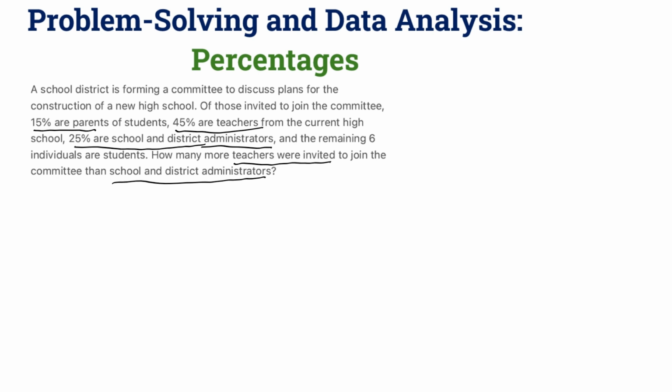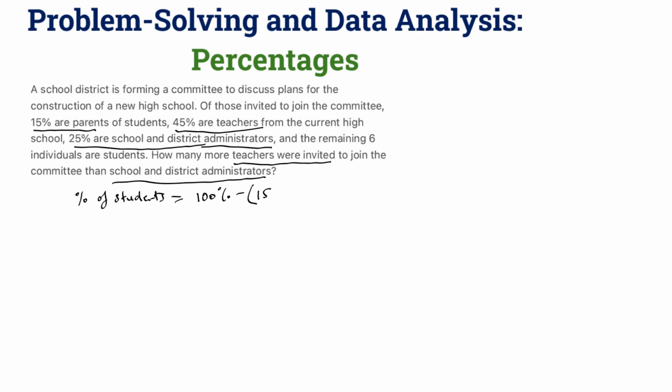Okay. So let's first figure out the percentage of students that are in this committee, right? And the percentage of students is just going to be equal to the 100% minus the other percentages combined.